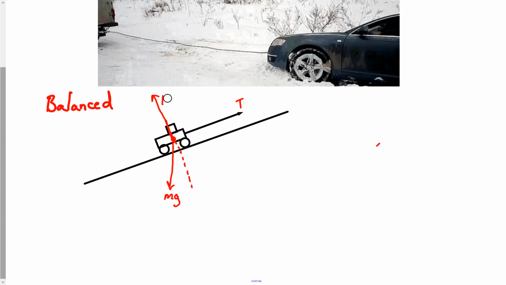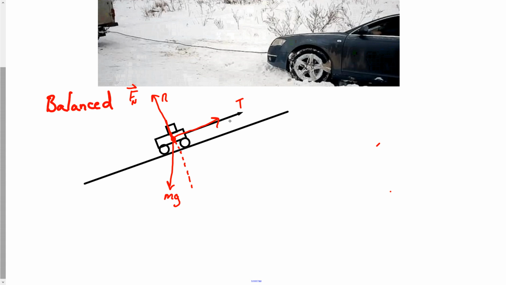I about wrote Fn. I don't do that, I always just write a lowercase n. Sorry, I'm in a habit. A lot of teachers write Fn with a little line above it. I'm very happy just to use a lowercase letter n. And we've got a tension directed up the hill. You could see this same problem with a friction.